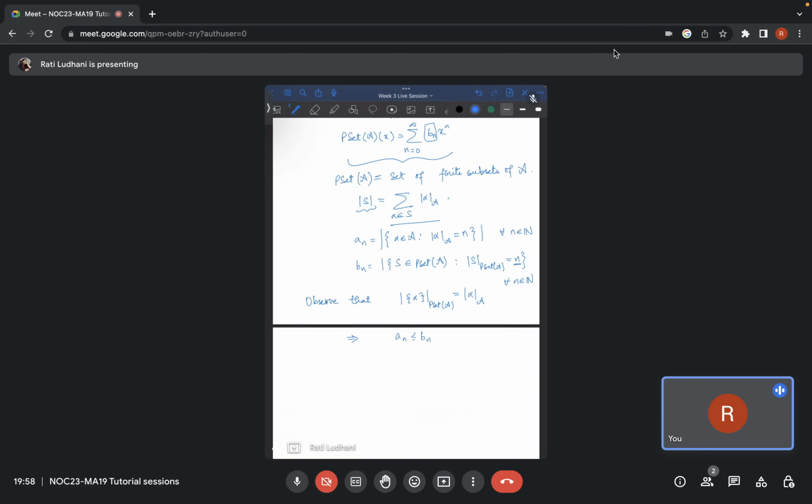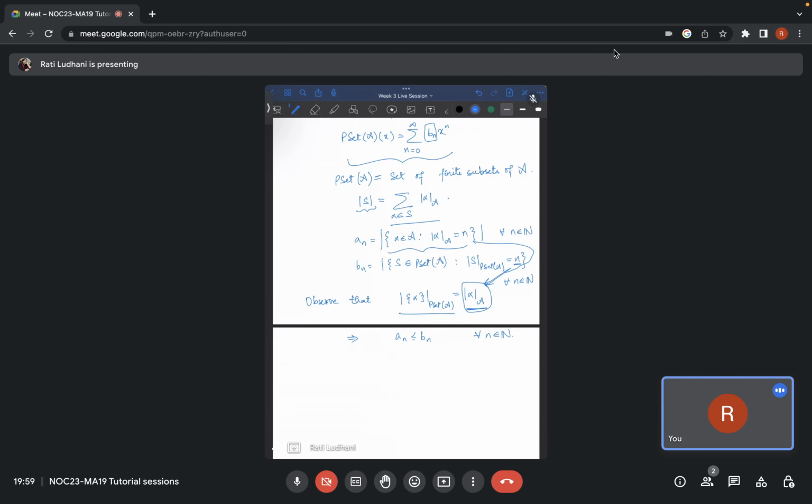So you have this element always, and you have this element. So whatever values you will have for a particular n here, you will also have in the power set. So this will be the bigger set, not a subset of the An set or anything else. So An is less than or equal to Bn for all n belongs to N.